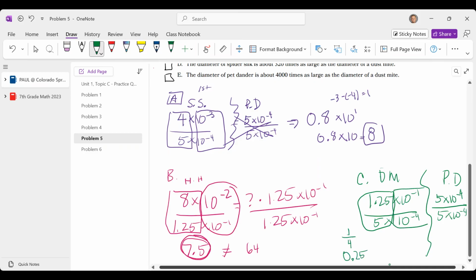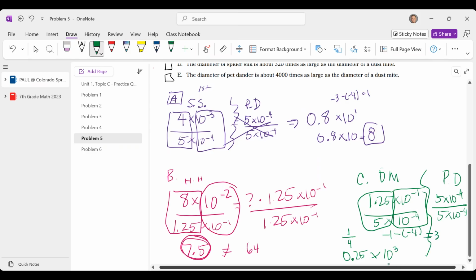Then we look at the second piece with 10 to the negative 1 and 10 to the negative 4. We subtract the exponents when we are dividing. So negative 1 minus a negative 4 is the same as 3. The same as 0.25 times 10 to the third value. This right here equals 3. Okay. So I actually have to calculate that.